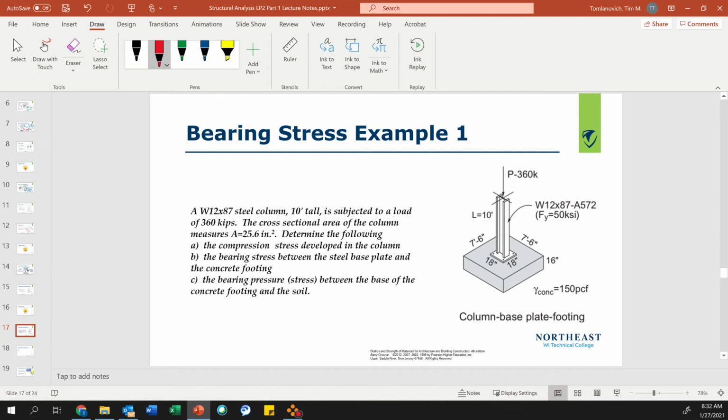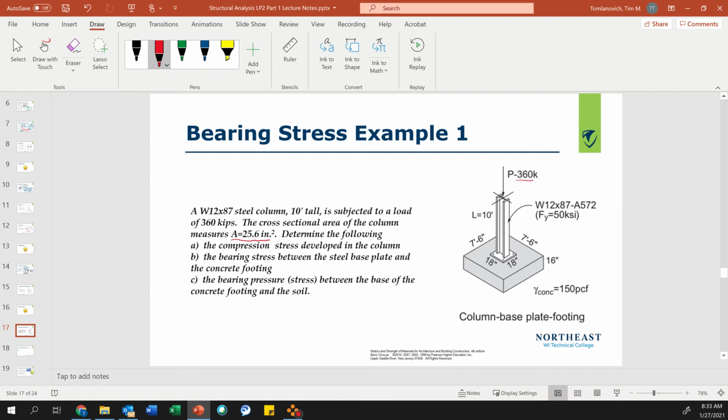A W12 by 87 steel column, 10 feet tall, is subject to a load of 360 kips. Okay, here's our P. The cross-sectional area of the column measures 25.6 square inches. Usually you can find that from steel tables, and you actually have those in your book.